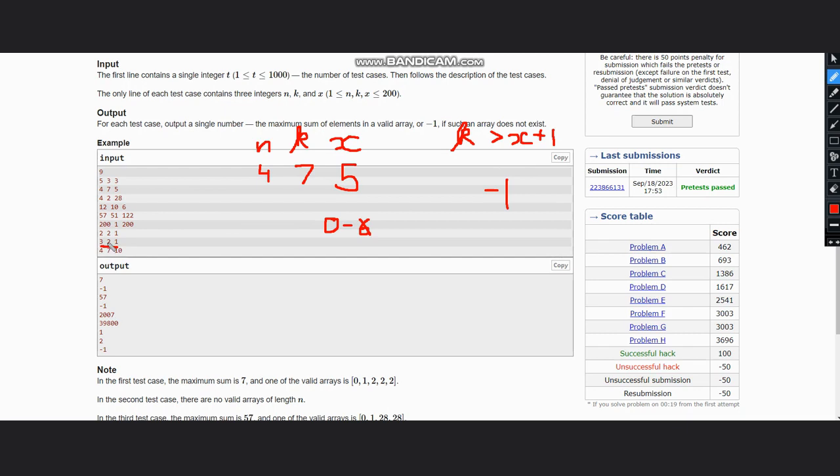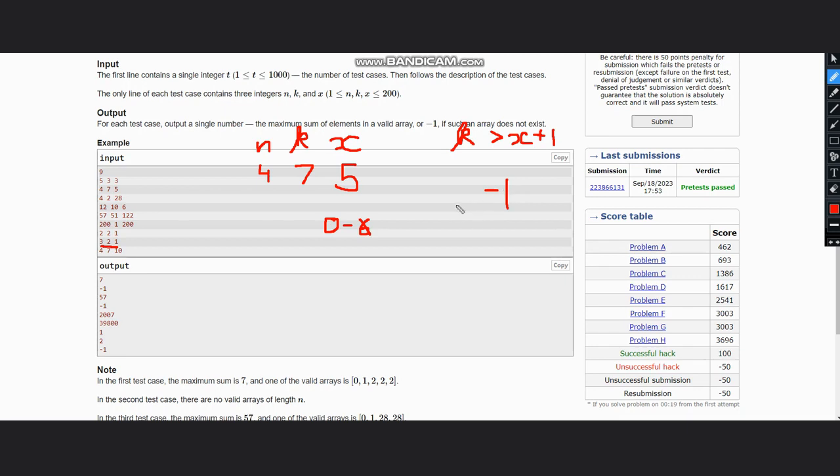Because k is 2 and x is 1. The mex value is 2, so we can take 0 and 1, and we can't exceed 1, so we have 1. Because we can include x and we are starting from 0, hence we put this condition: if k is greater than x plus 1, then we simply output -1.